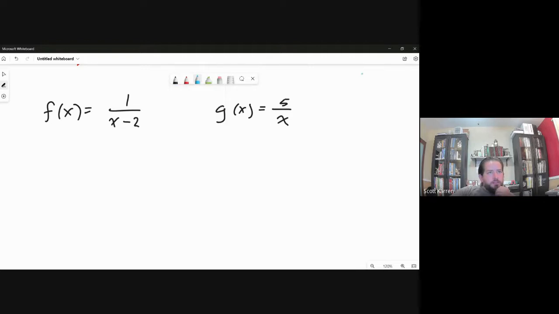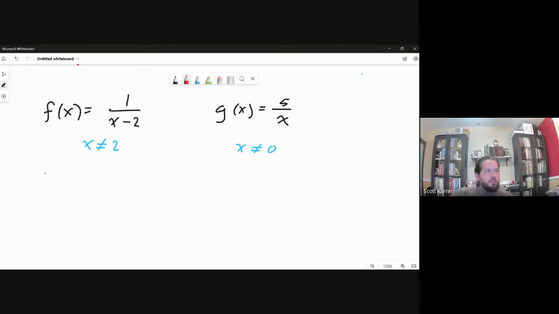For f of x, x can't be 2, which you'll see in the denominator, because if it is, 2 minus 2 is 0. In the denominator, you're dividing by 0, and the world blows up, right? But for the g of x, x can't be equal to 0, right?